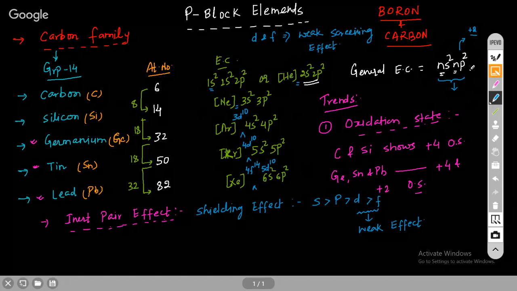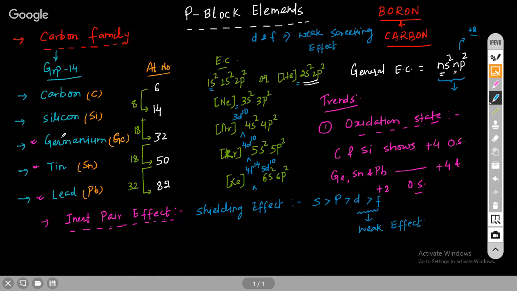Understood? So this is one thing: why carbon and silicon show +4 oxidation state.